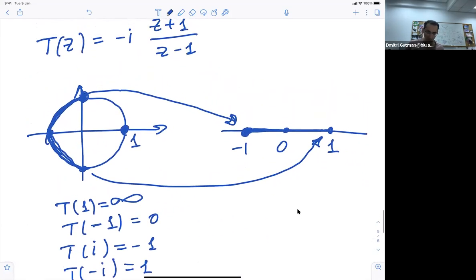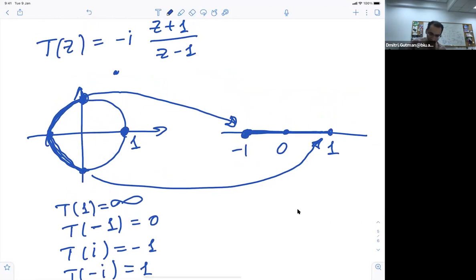Now if you have a point Z1 somewhere here, it will be mapped to a point W1 somewhere there.